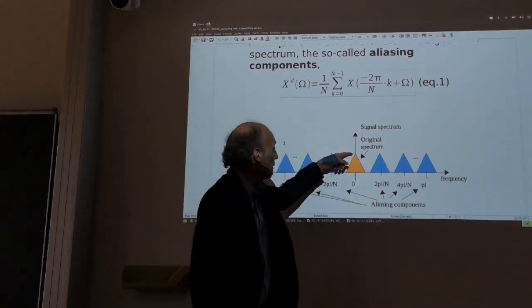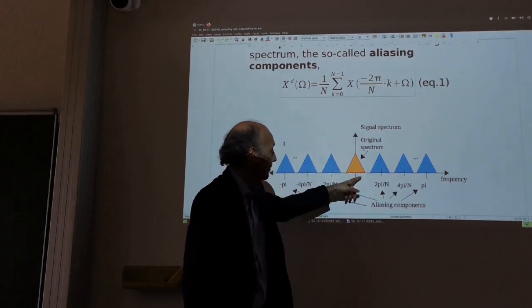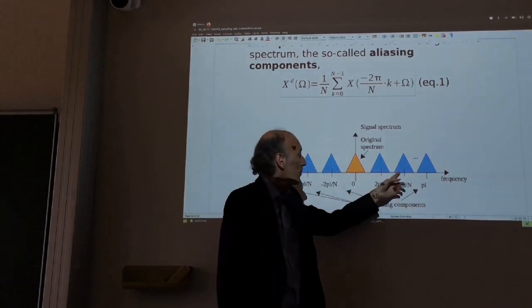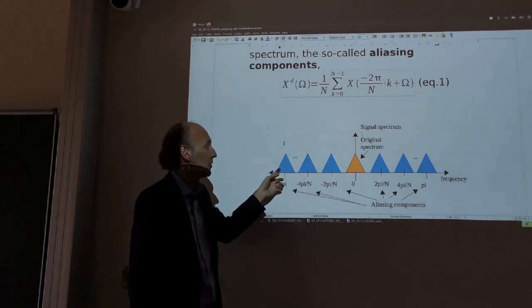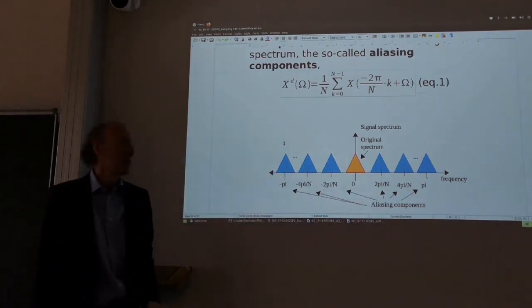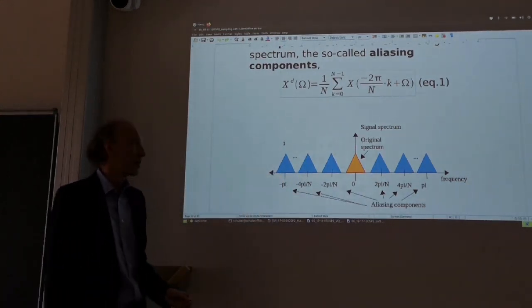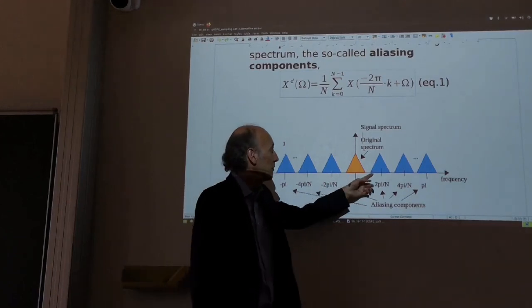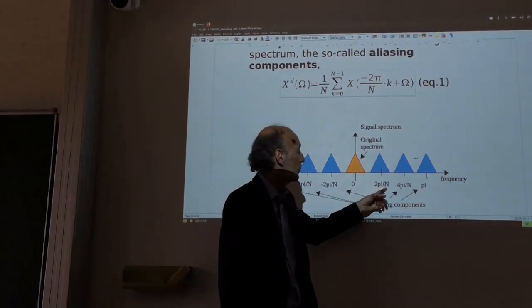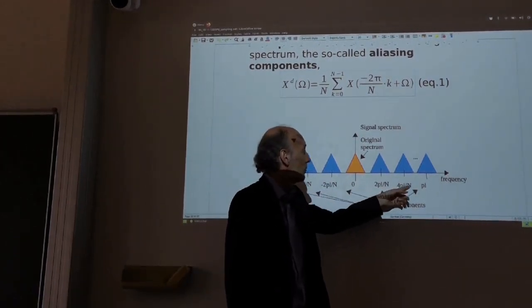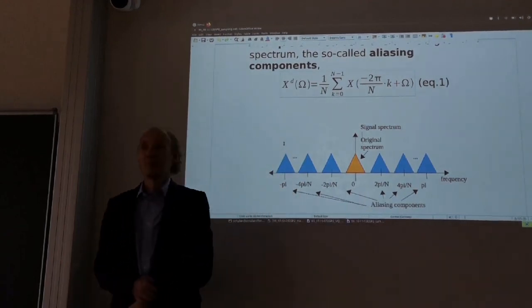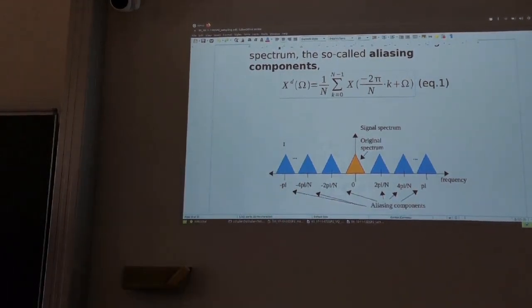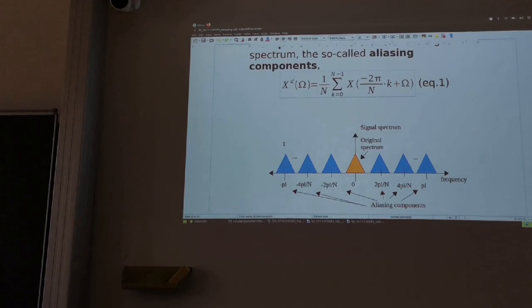Yeah, so here you have the original spectrum, for instance, and now you see multiple spectral copies appearing in the spectrum because of this sampling. And they appear at positions 2 pi over n, 4 pi over n, and so on. And these are the alias points. So this is basically the main result.